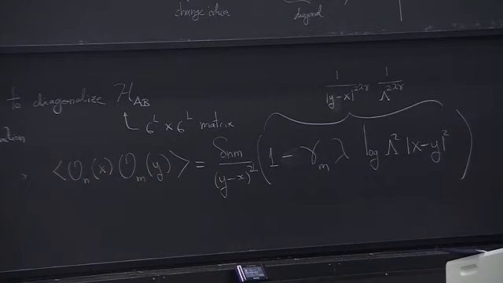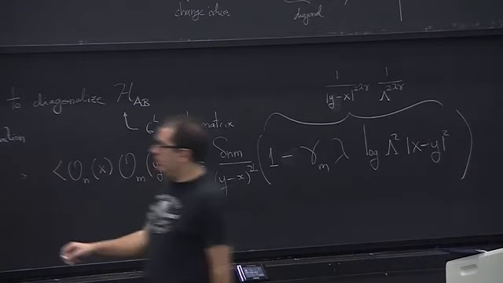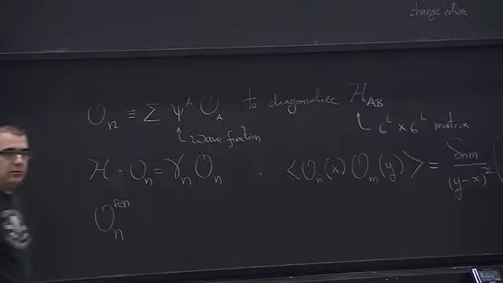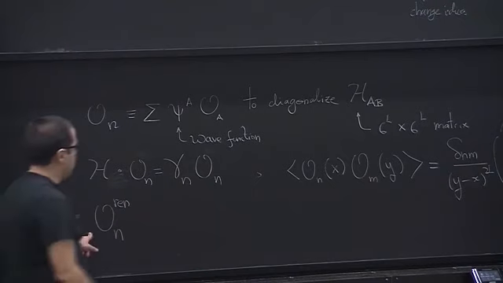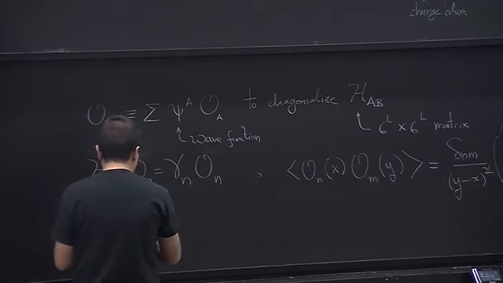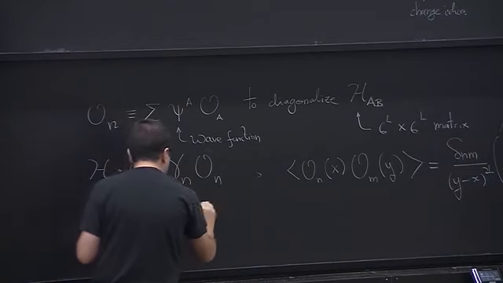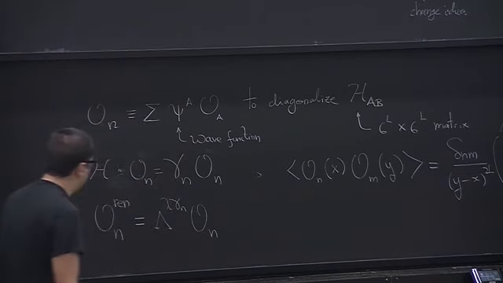So what do I conclude? I define now one more thing. Let me define On renormalized, my renormalized operator. What is my renormalized operator? Well, it's the cutoff to the power lambda gamma n times my operator On, which was my bare operator.